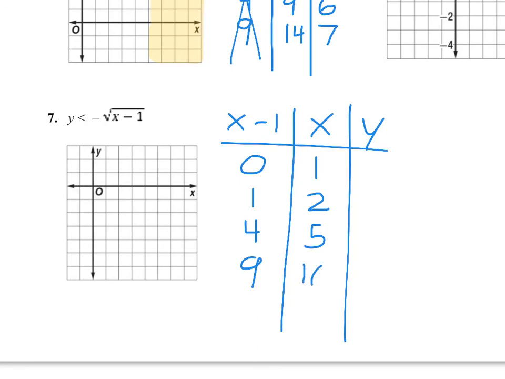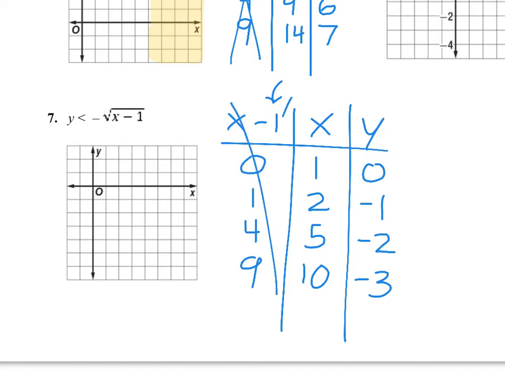I'm just adding 1. Basically, I always just do the opposite of what it says here. Alright, square root of 0 is 0, and then we hit that with a negative sign. Square root of 1 is 1, but there's a negative out front. Square root of 4 is 2 times negative 1.